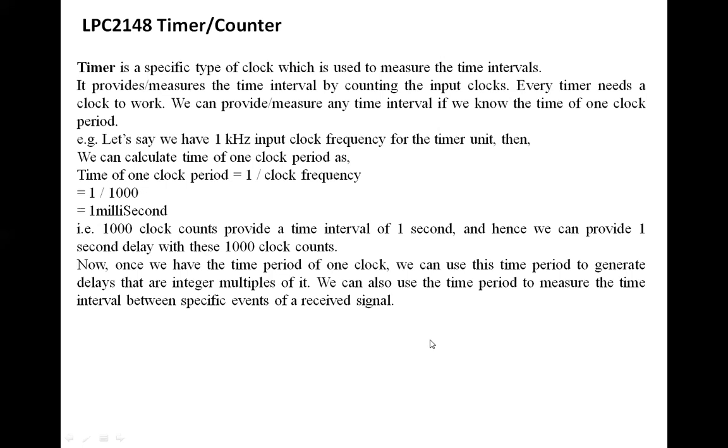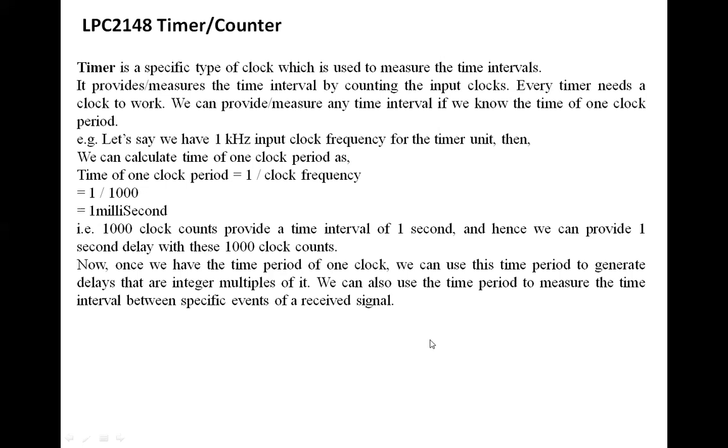Let's take an example. Say we have a 1 kilohertz input clock frequency for the timer unit. I have given just one example, but in our ARM7 you will find the frequency is different. Here, for the purpose of understanding, I have considered a 1 kilohertz clock input frequency for the timer unit.